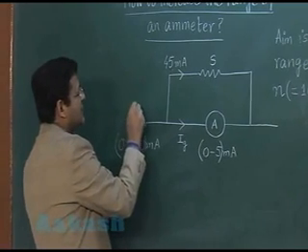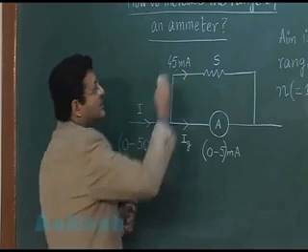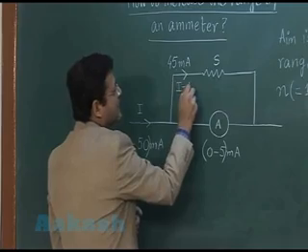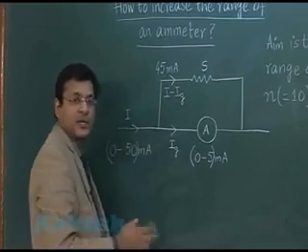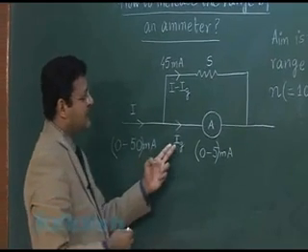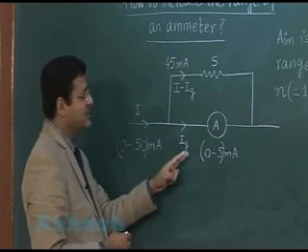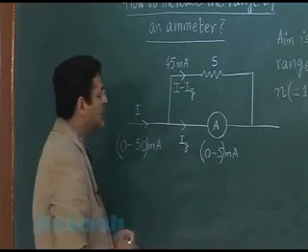Whatever current was coming here, let us suppose I. This I minus Ig will be coming here. You understand? Or in true sense, you must say that this is Ig, then this current is n times the current which should pass through this ammeter or galvanometer.